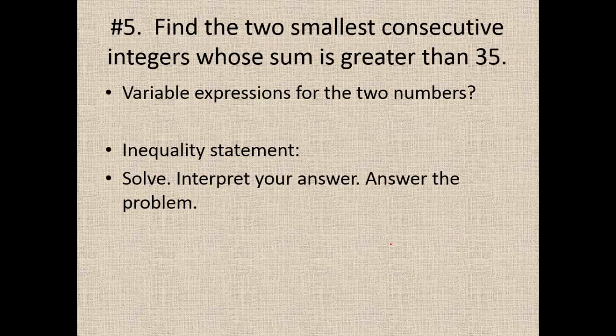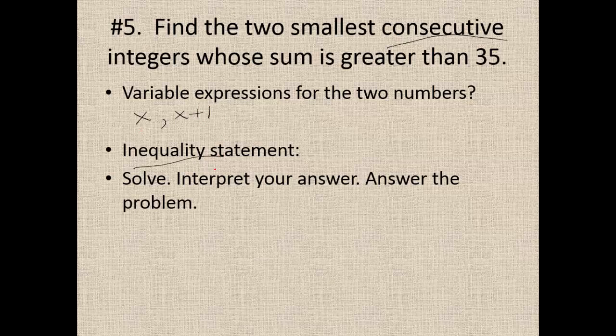Find the two smallest consecutive integers whose sum is greater than 35. Okay, so variable expressions for the two numbers. If they're consecutive integers, remember from an earlier video that we're going to use x and x plus 1 to stand for these two numbers, because one of them has to be one bigger than the other, right?